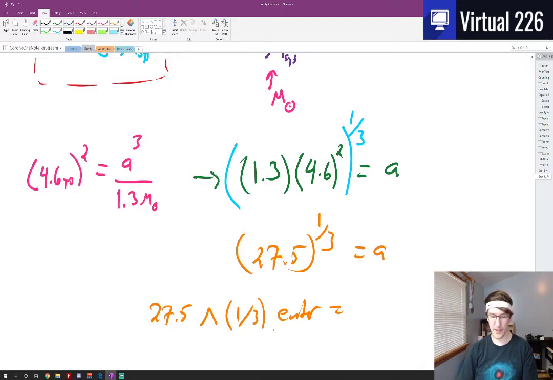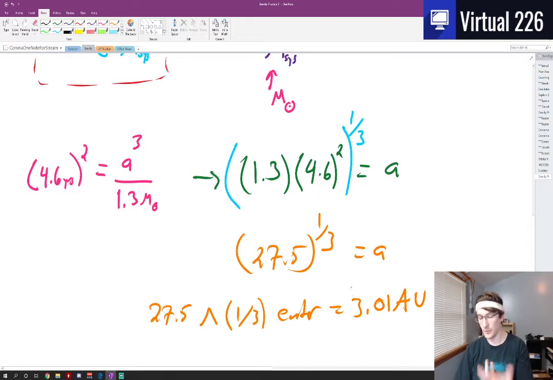That gives me a value of 3.018. So 3.01, 3.02. And that's in astronomical units because that's an Earth-Sun distance. So it's about 3 times as far away from its star than the Earth is from our sun, which is a kind of cool thing. Quick way to kind of get that information.